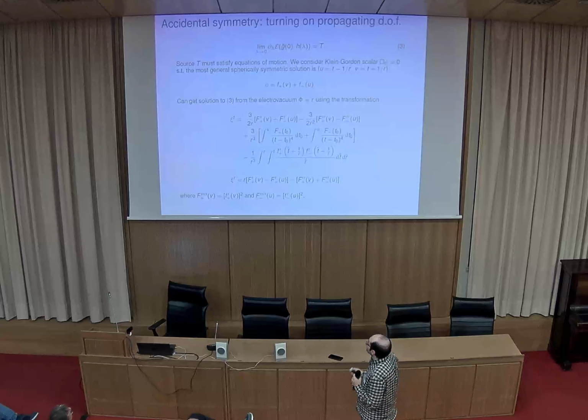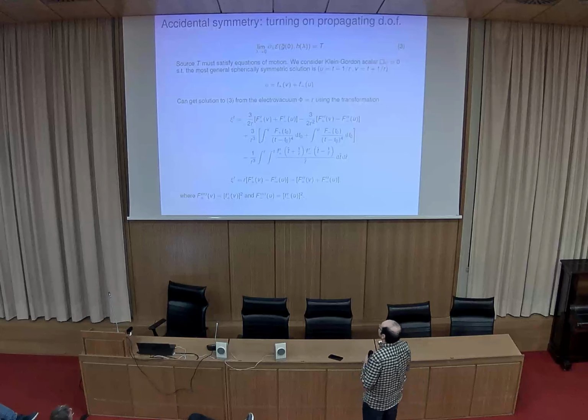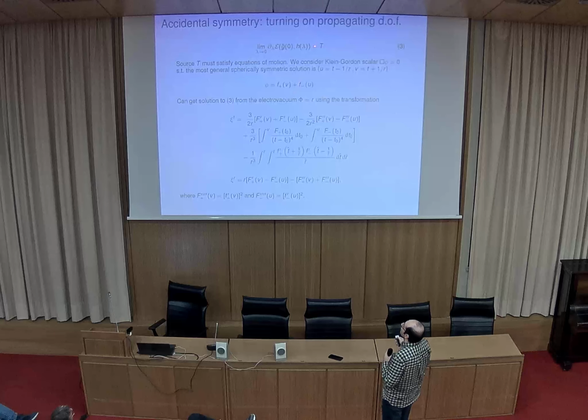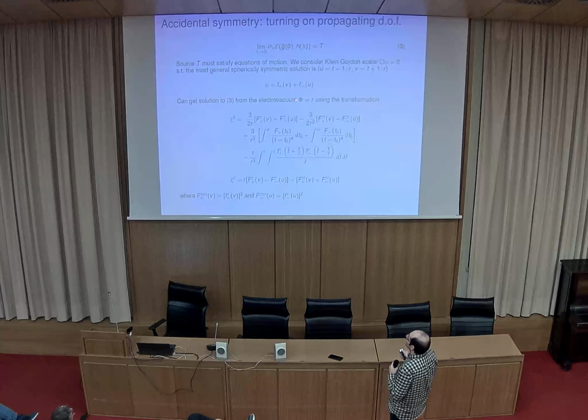The most general solution like this, these are now propagating scalar waves, can actually all be generated by a diffeo, which you can use to act on the vacuum anabasis perturbation.